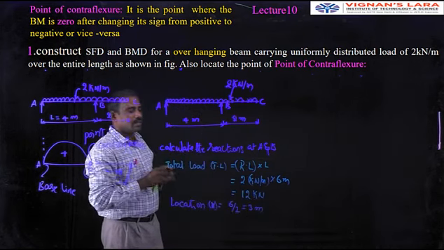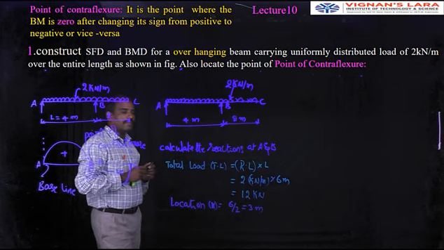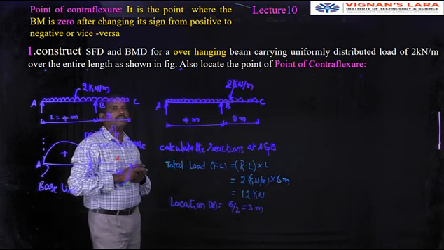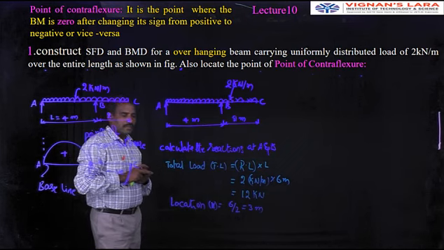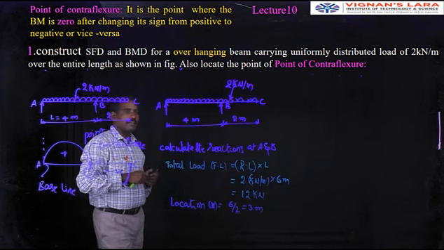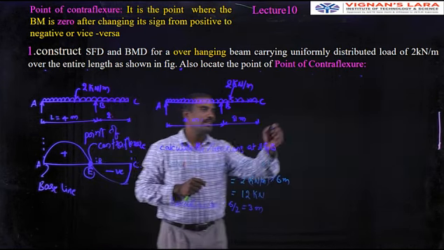The 12 kilonewtons force is concentrated at a distance of 3 meters from A, we know that.